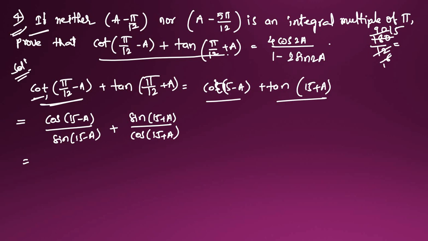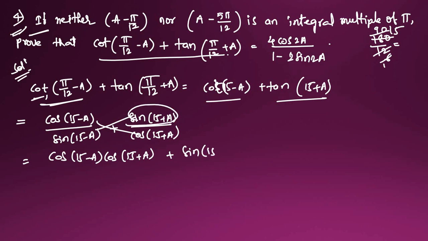So from here, cross multiplication, it will become cos of (15 minus a) into cos of (15 plus a), plus sin of (15 plus a) into sin of (15 minus a) will come here.